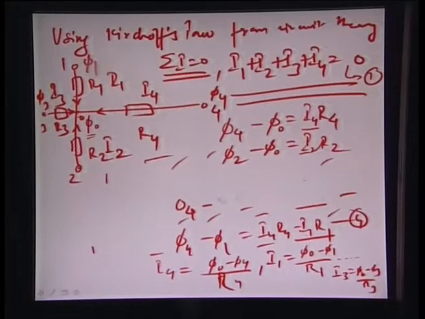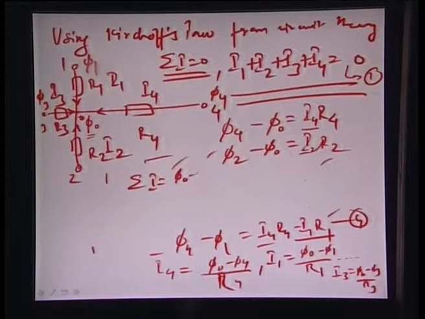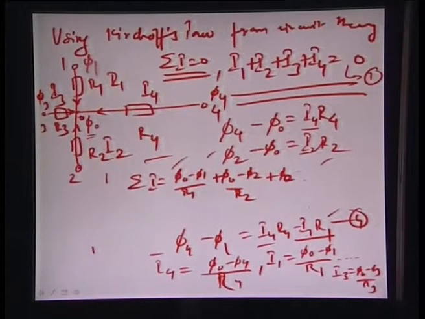Okay. So, whatever we have done in this can be more simplified by just putting these various I values in the first equation of the Kirchhoff's law and being able to tell how it will behave. So, sigma I essentially here would mean phi 0 minus phi 1 by R1 plus phi 0 minus phi 2 by R2 plus phi 0 minus phi 3 by R3 plus phi 0 minus phi 4 by R4.